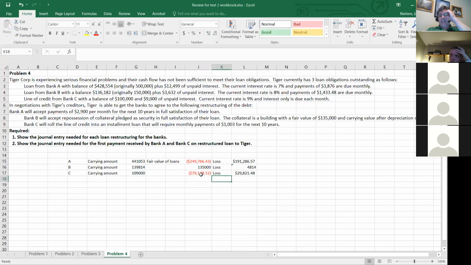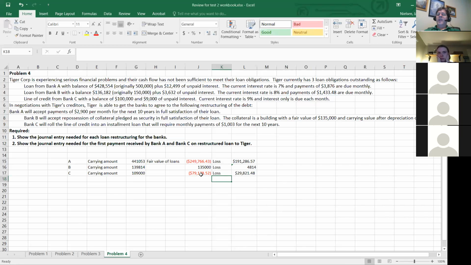Now, it's actually a little more specific. It's not the same amount as the loss for the bank. We talked about the possibility of a gain, but we did not go into detail about how that could be different than the amount of the loss. So I'm not worried about you needing to do that. But it's one of the weird things in accounting. Most of the time we try for both sides of the transaction to be the same amount, so if loss on one side, gain on the other.